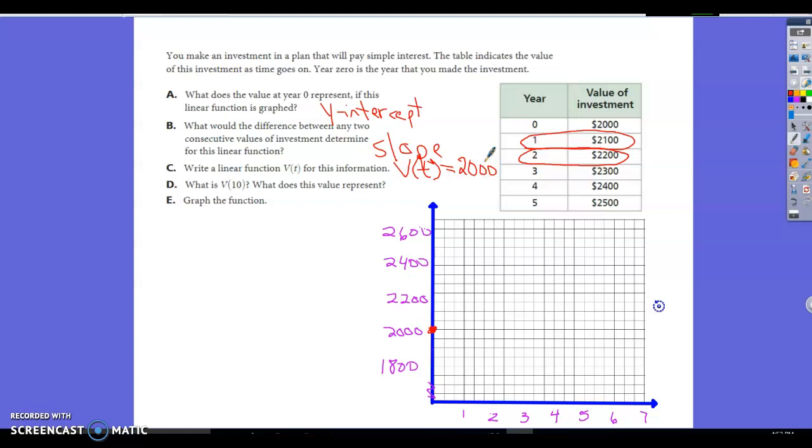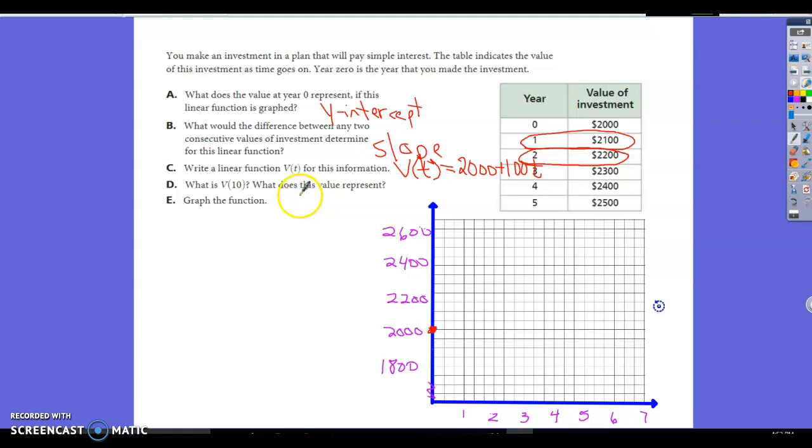And then it's going to increase, you can tell, by $100 each year. So plus $100 t over time. All right, it says what is v of 10? What does this value represent? V of 10 represents year 10. How much money they have after 10 years.